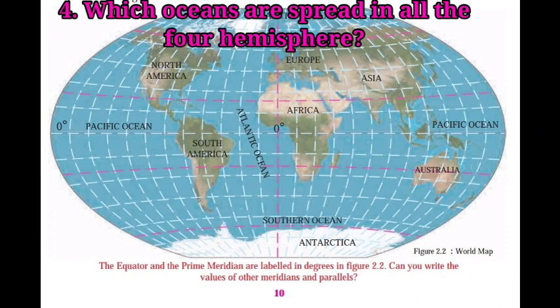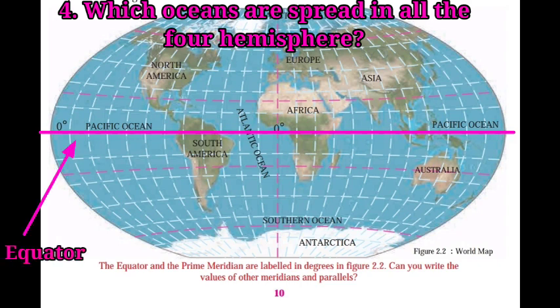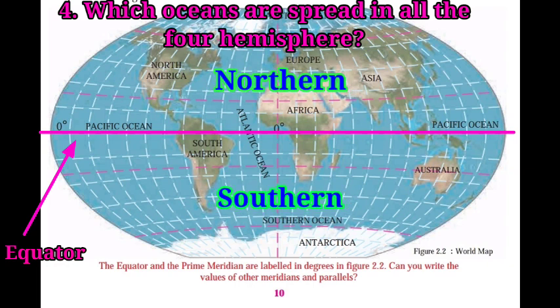Question number 4: Which oceans are spread in all 4 hemispheres? Students, you can see in this map the 0 degree parallel means the equator, and the upper part of the equator is the northern hemisphere and the lower part of the equator is the southern hemisphere.